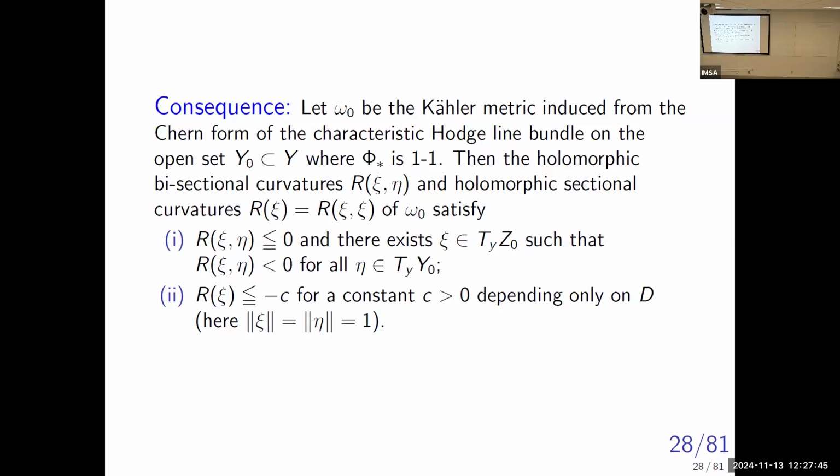So the holomorphic sectional curvatures have to do with the canonical bundle. The holomorphic bisectional curvatures have to do with the cotangent bundle. So these two statements are going to translate into information about bigness of the canonical bundle or the log canonical bundle and of the log omega 1 bundle, 1-forms.